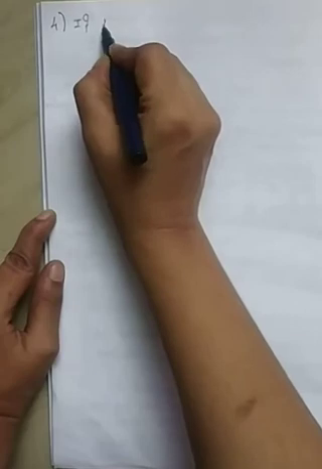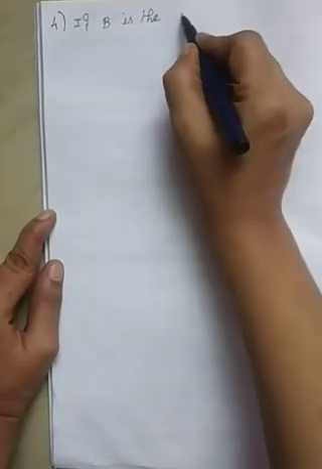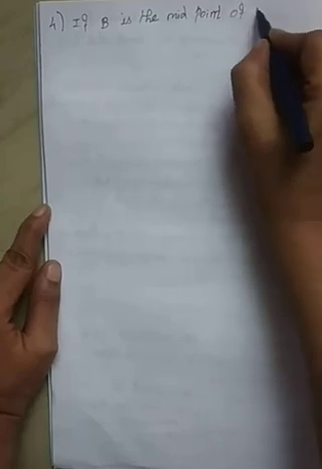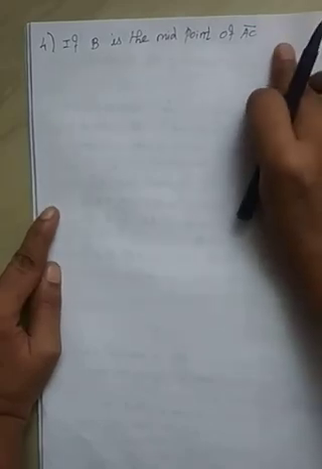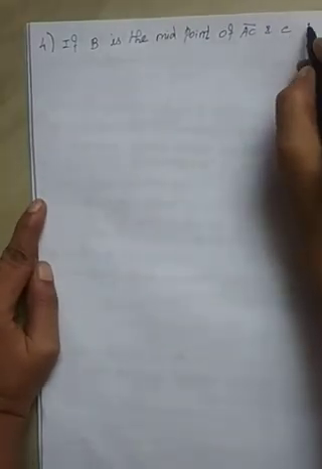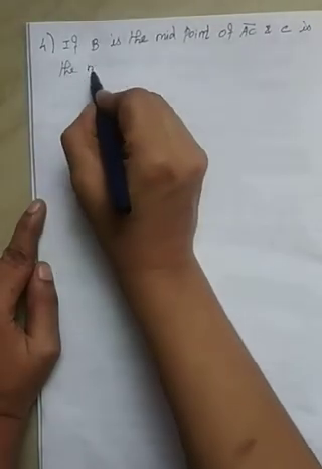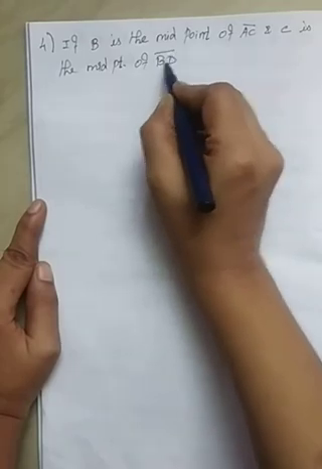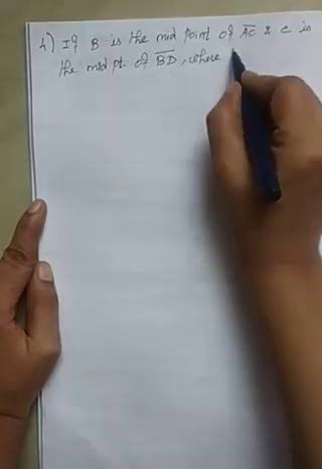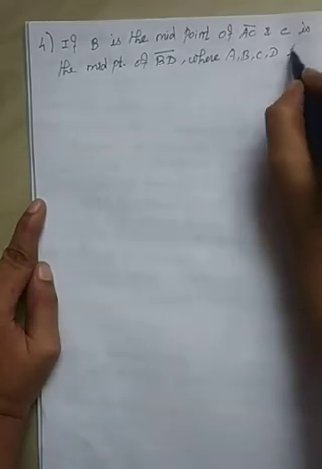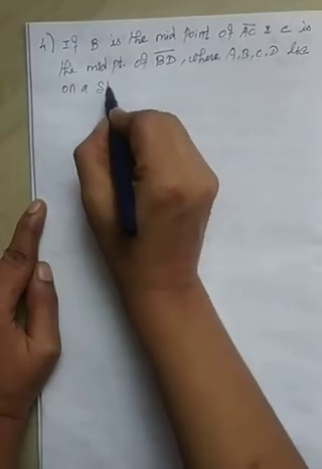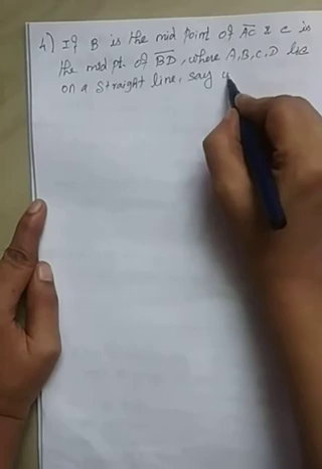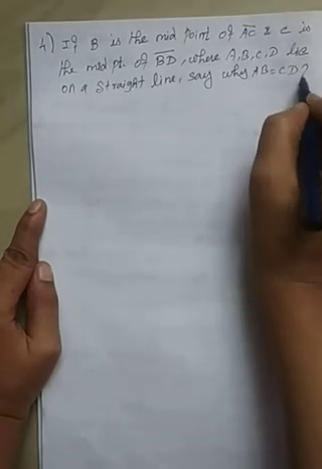If B is the midpoint of AC line segment and C is the midpoint of BD, this is also another line segment, where A, B, C and D lie on a straight line, say why AB equal to CD.